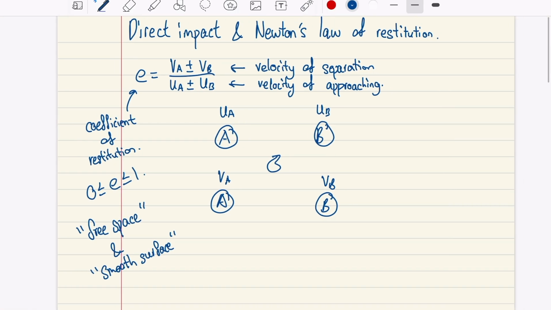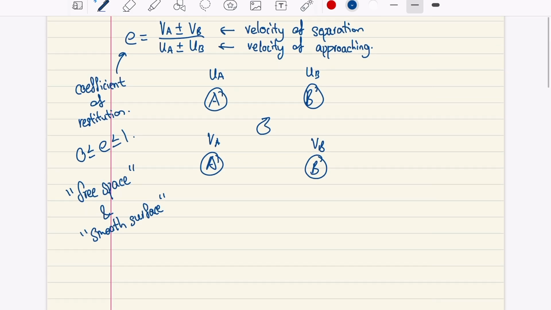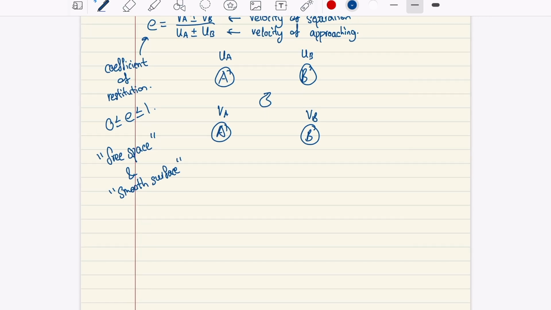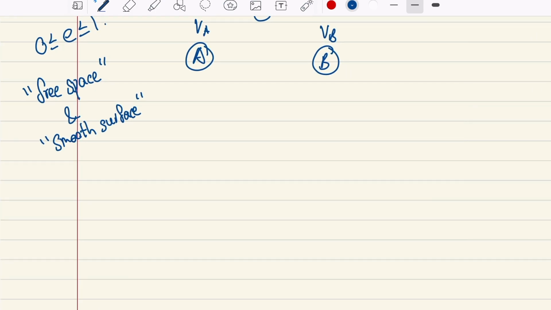So go back to the equation. Now I'm going to explain what the plus and minus mean and how we identify when we should put plus and when we should put minus. Okay, here we have the first case, where ball A and B, this is before the collision and this is after the collision.